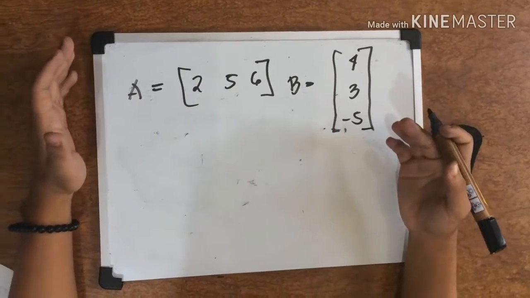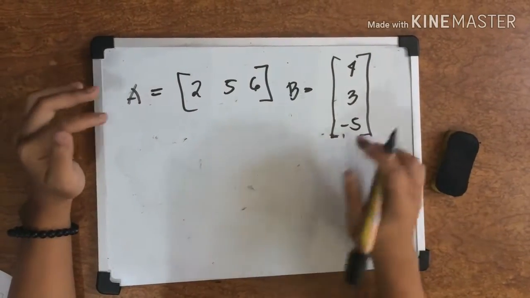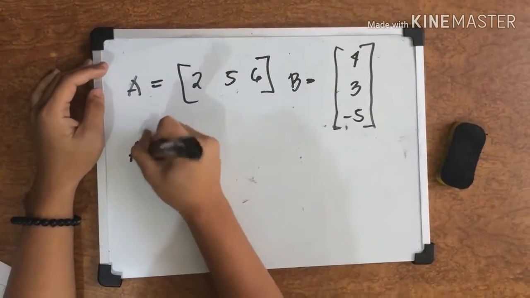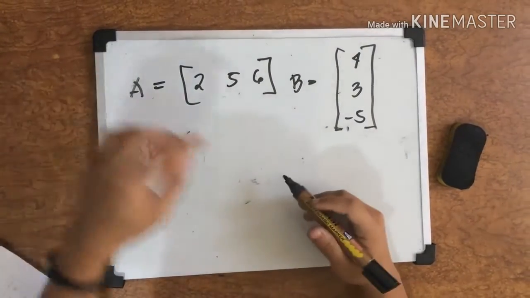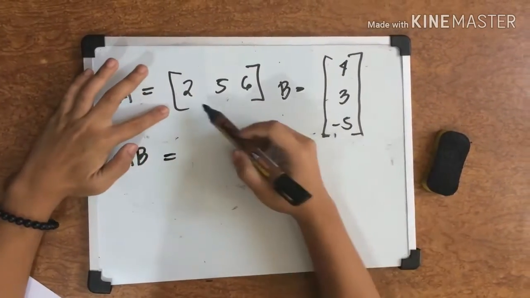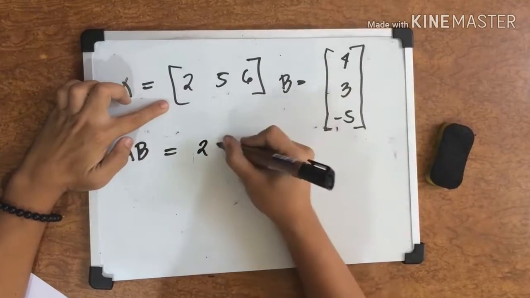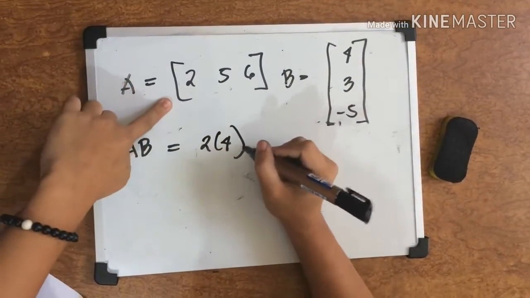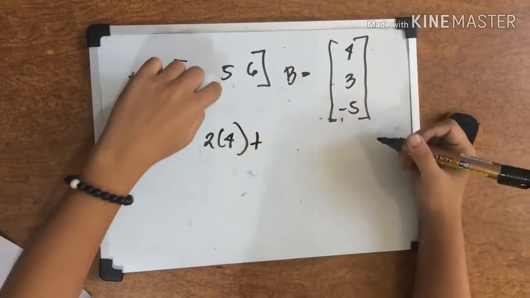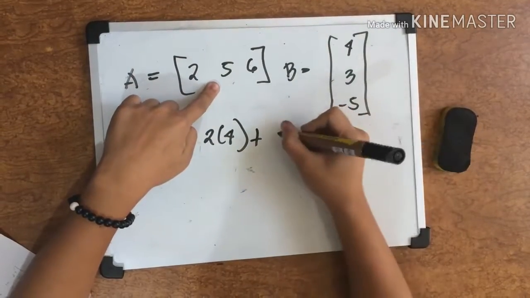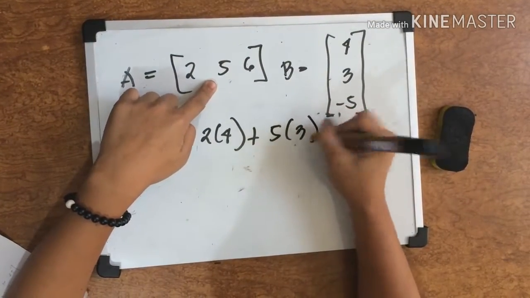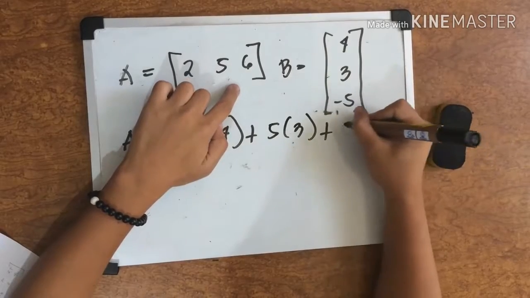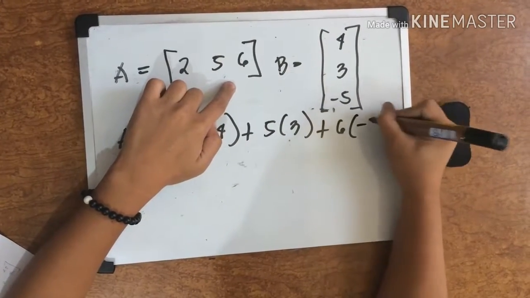Now let us go ahead and multiply A with B. So AB is equal to 2 times 4 plus 5 times 3 plus 6 times negative 5.